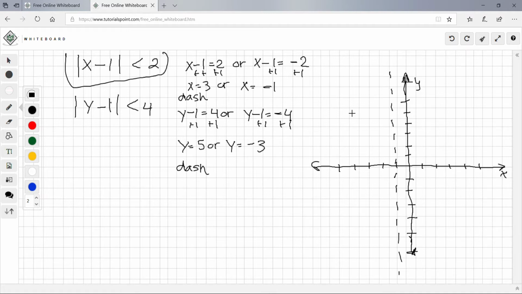We'll call this x equals -1. So this is going to be x equals 3.